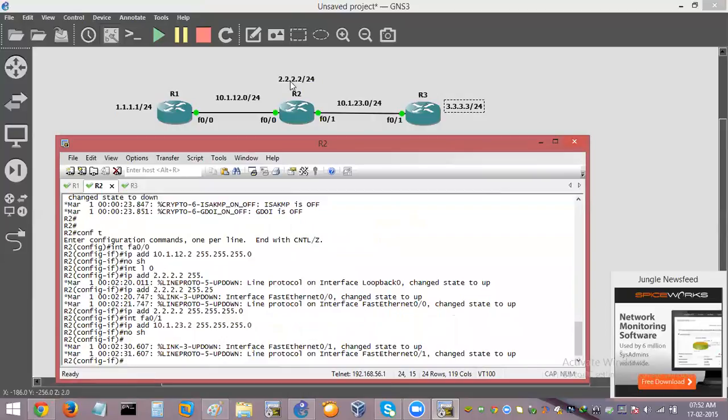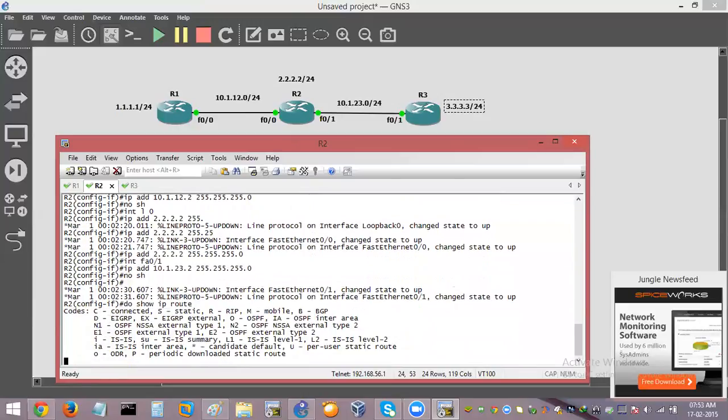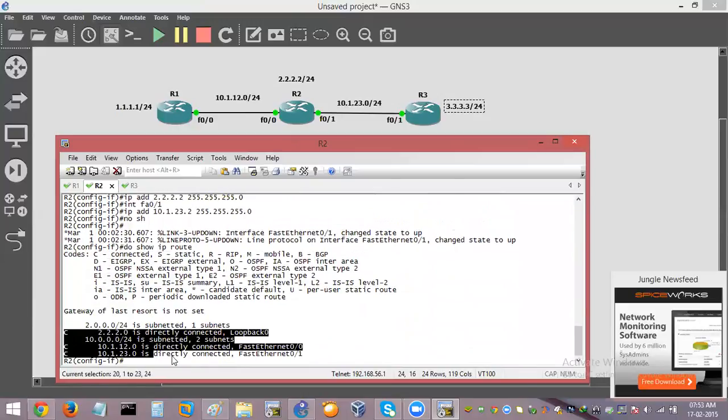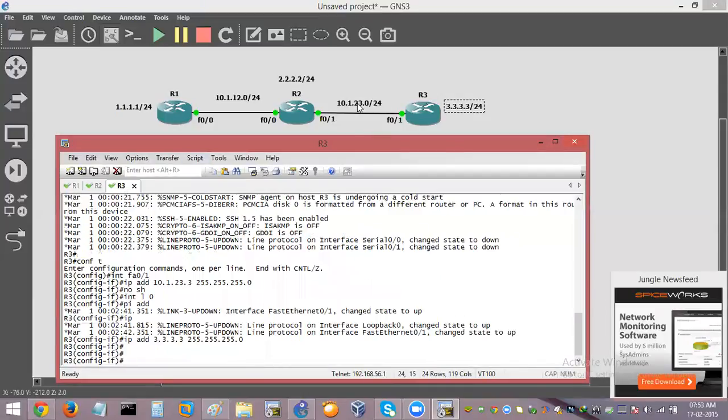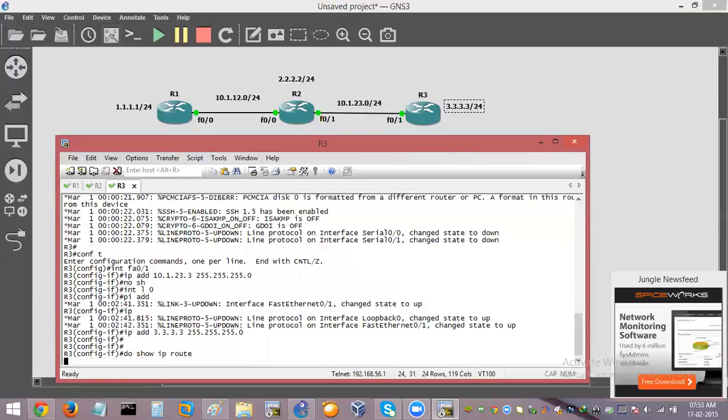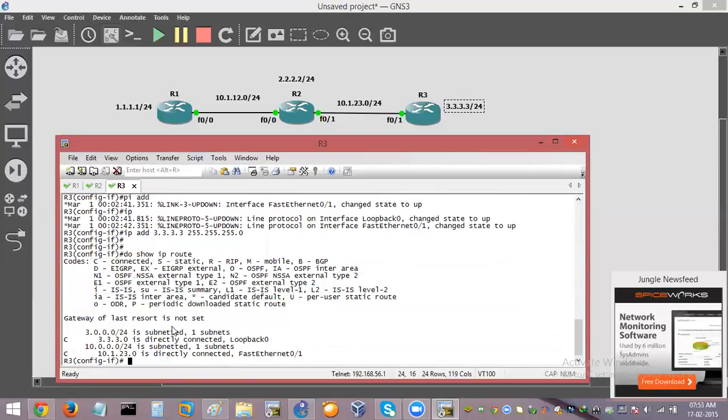R2 will know about 2.2.2, 10.1.12, and 10.1.23, because these three subnets are directly connected to R2 on three different interfaces. R3 will have information about 3.3.3 and 10.1.23.